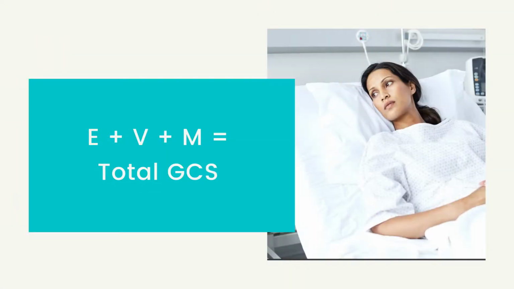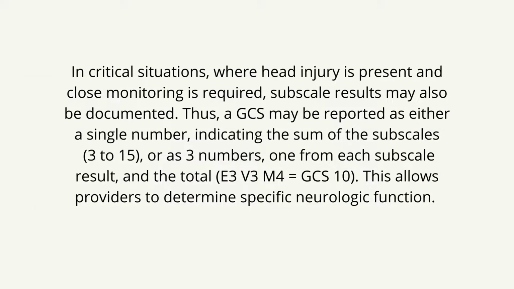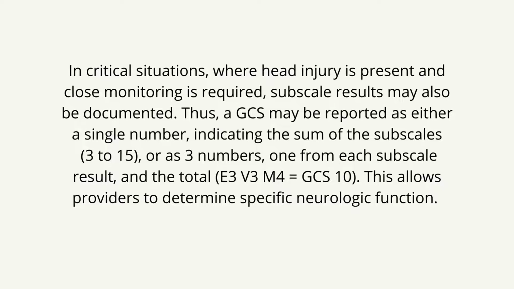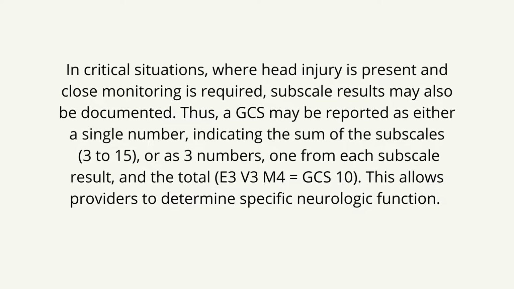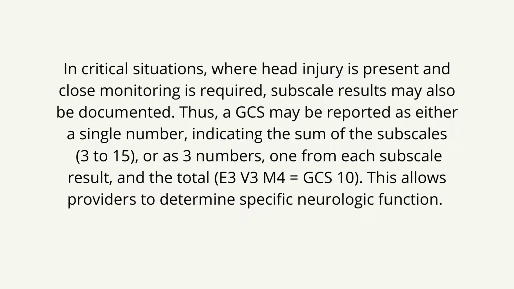Responses within each subscale are added, with the total score quantitatively describing the client's level of consciousness. E plus V plus M equals total GCS. In critical situations where head injury is present and close monitoring is required, subscale results may also be documented.